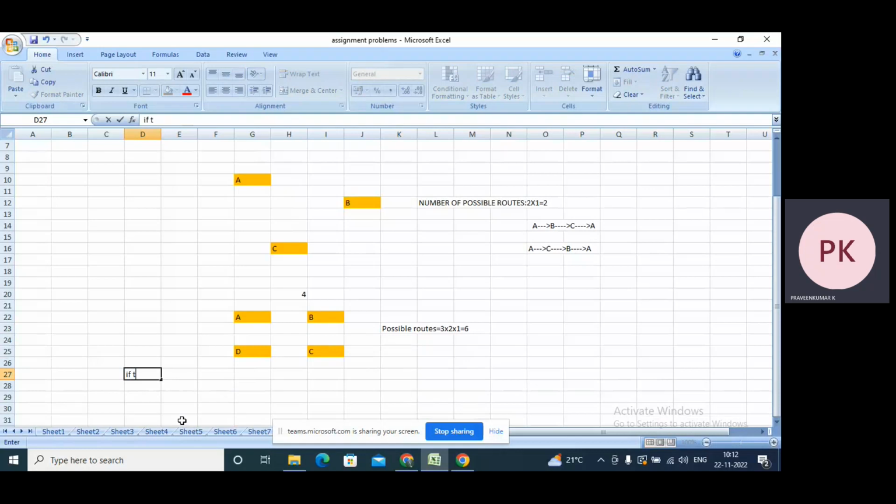If the number of places is 5, what will be the possible routes in a traveling salesman problem?